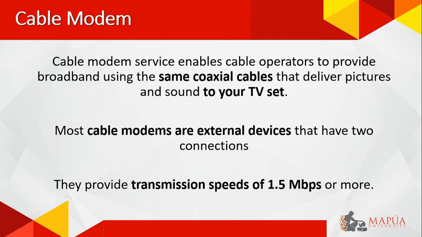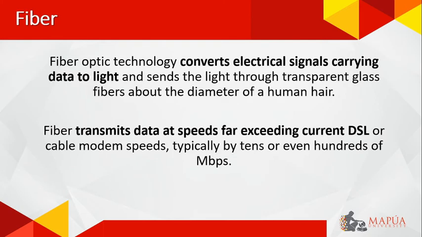Subscribers can access their cable modem service by simply turning on their computers without dialing up an ISP, and you can still watch cable TV while using it. Transmission speeds vary depending on the type of cable modem, cable network, and traffic load, and the speeds are comparable to DSL.